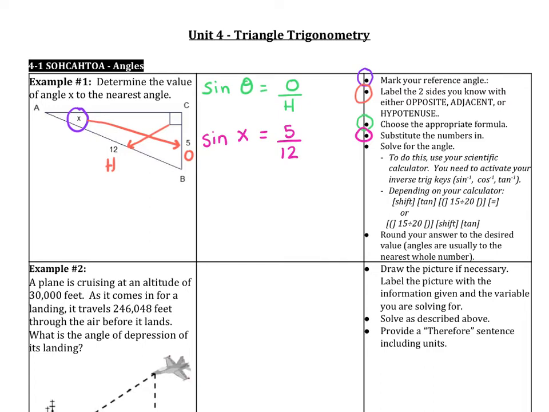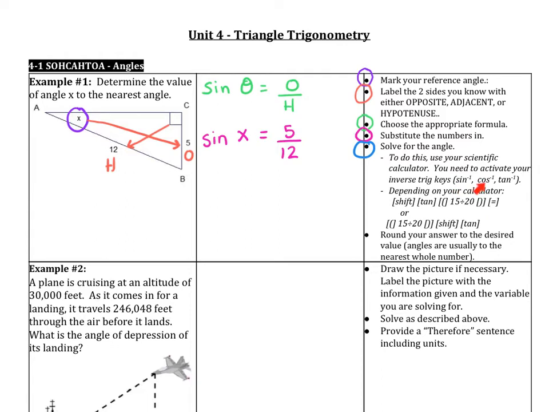The third step is to solve for the angle. To do this, you'll have to use your scientific calculator, and you'll have to use what are called the inverse trig keys. So above the sine button, you'll see it written sine, and it looks like a -1 exponent, but this is actually just called inverse sine.